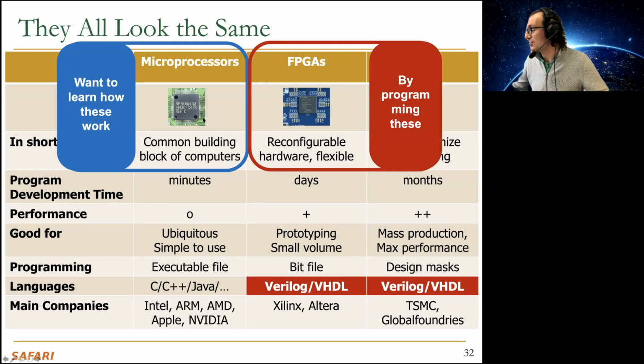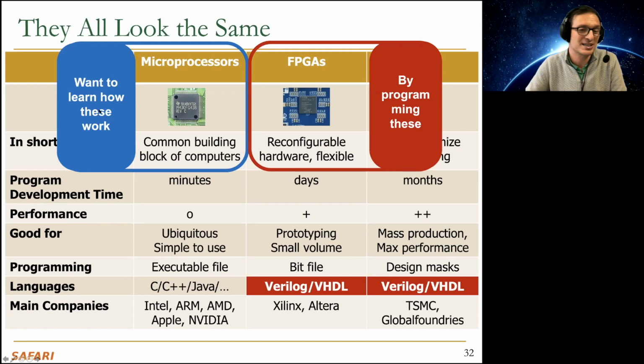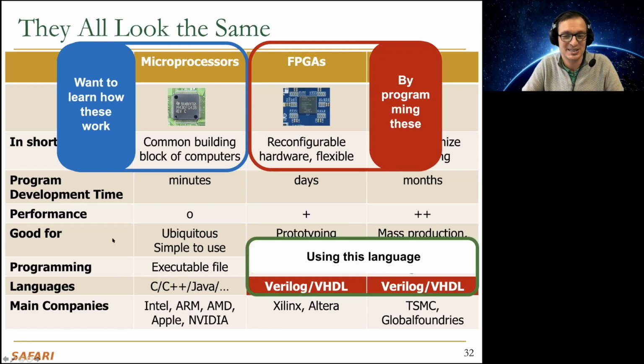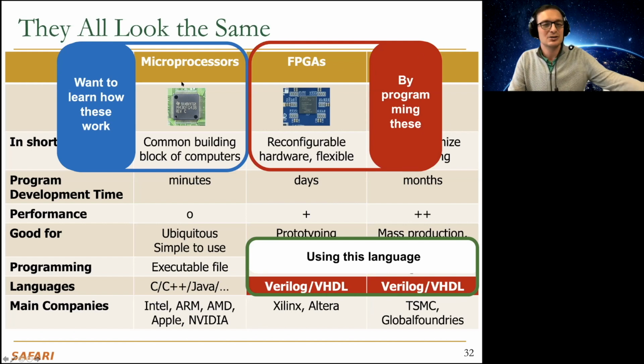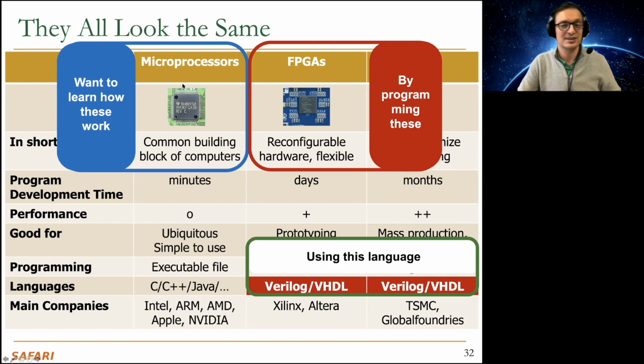In this course, we're going to instantiate a simple microprocessor, as we discussed yesterday. And we're going to use this language to do that. So once you learn Verilog, you're actually capable of doing FPGAs as well as ASICs. Also, the way you build microprocessors underneath in hardware is really by Verilog in the end, but you don't program them using Verilog, clearly.